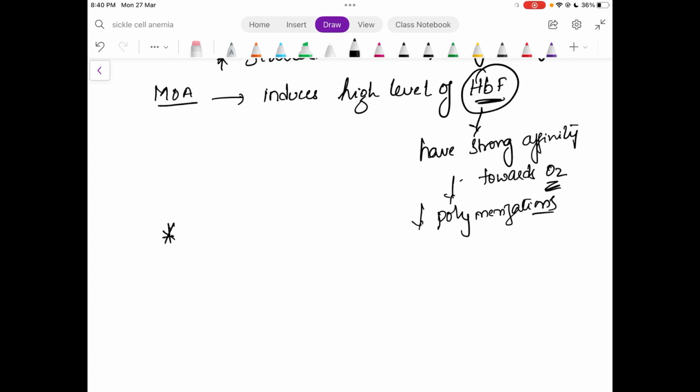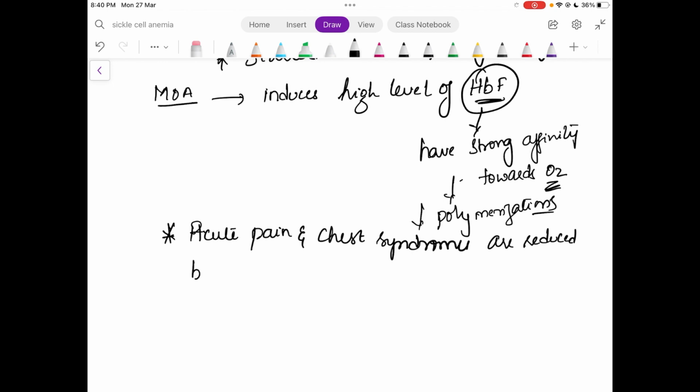If you start early in life, there will be a reduction in acute pain and acute chest syndrome. They are reduced by half.